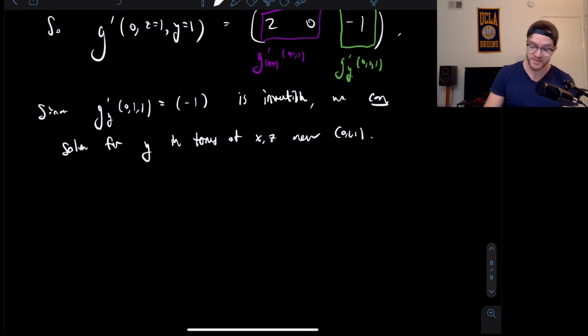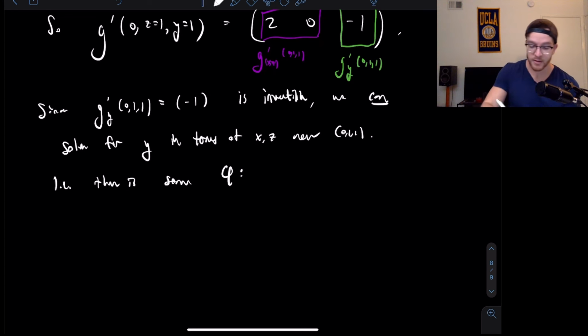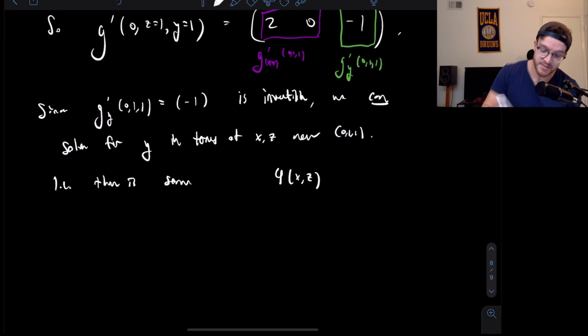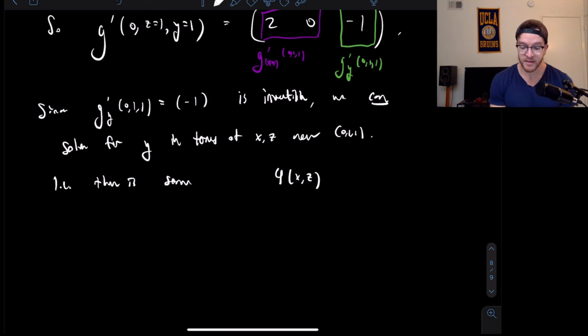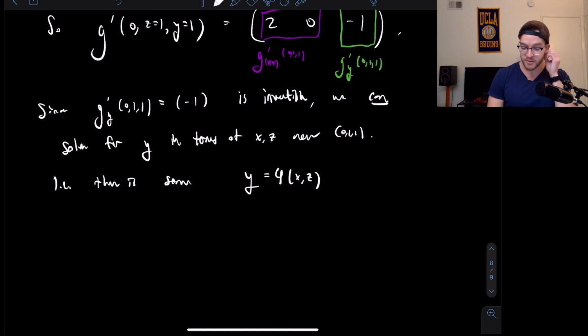In other words, there is some function phi, and it's a function of X and Z. It's defined near the point 0, 1, and it gives us the Y values.